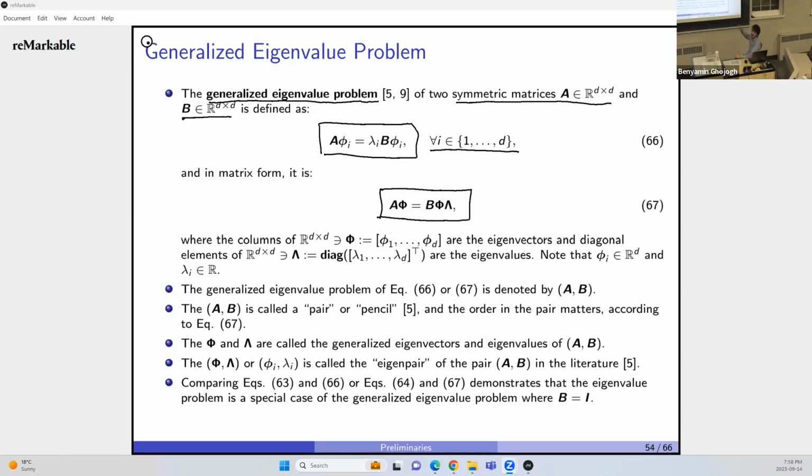This is called the generalized eigenvalue problem. As you see, the eigenvalue problem is a special case of the generalized eigenvalue problem where B is the identity matrix. And this pair A, B is called a pair or pencil in the generalized eigenvalue problem. This phi and lambda are also called the eigenpair of the pair A, B in the literature.